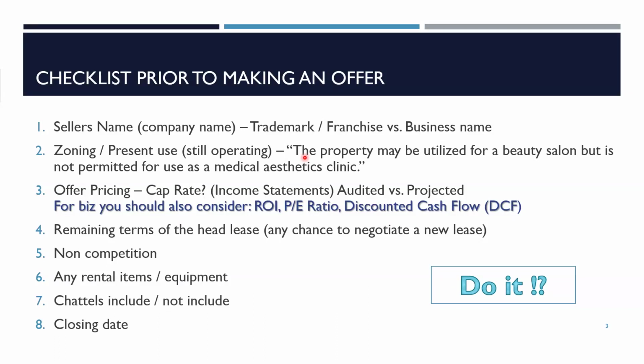Okay. Now, for the remaining terms in the list, because you're buying a business that's still operating, they should have remaining time in the leasing term, and what are the renewable terms, that kind of thing. You have to really pay attention and write it down in the offer. Also pay attention to the non-competition clause.